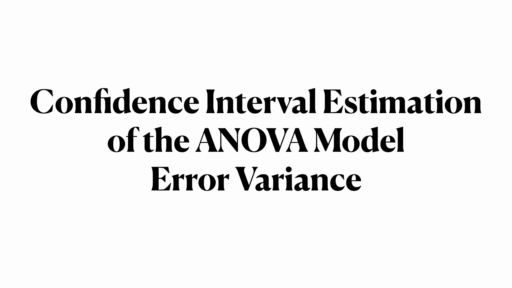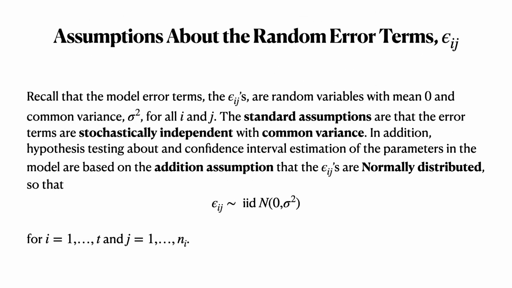Now we're going to look at how to construct confidence intervals for the ANOVA model error variance sigma squared. Recall that the model error terms, the epsilon sub ij's, are random variables with mean 0 and common variance sigma squared for all i and j. The standard assumptions are that the error terms are stochastically independent with common variance.